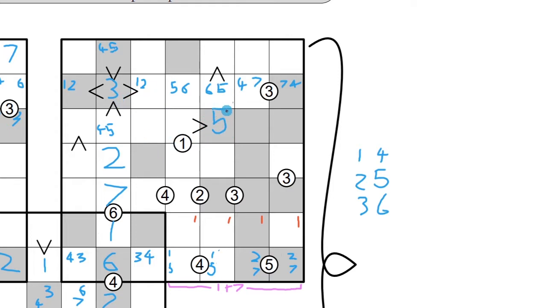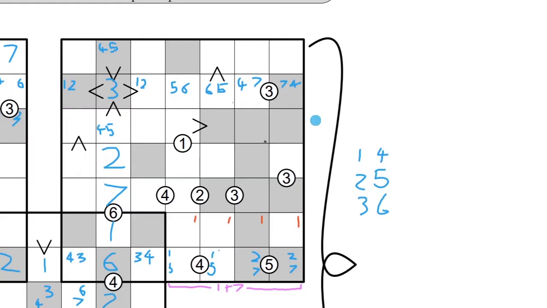That can't be 5. It could be 6, in which case that would be 7, which is fine. And that would be 6, which is not fine. So it can't be 6.